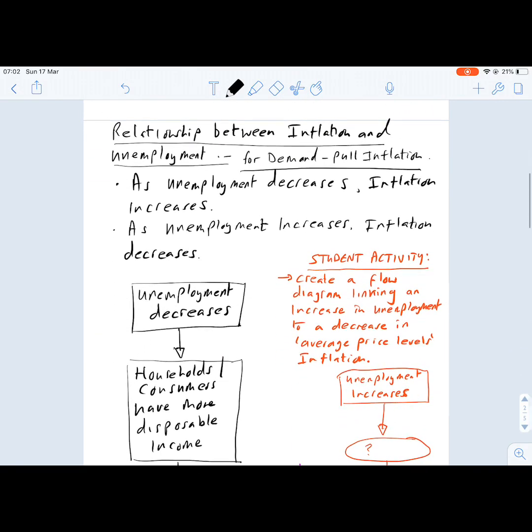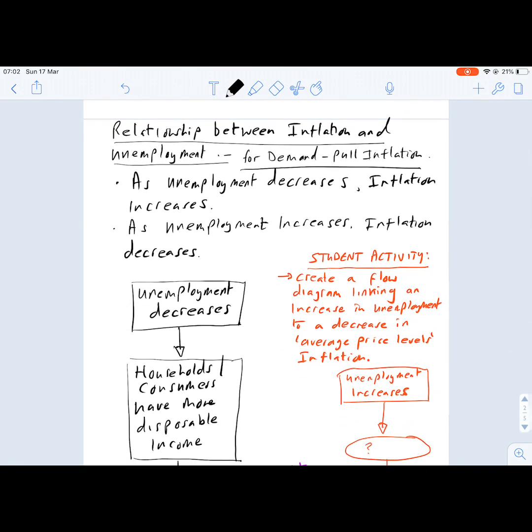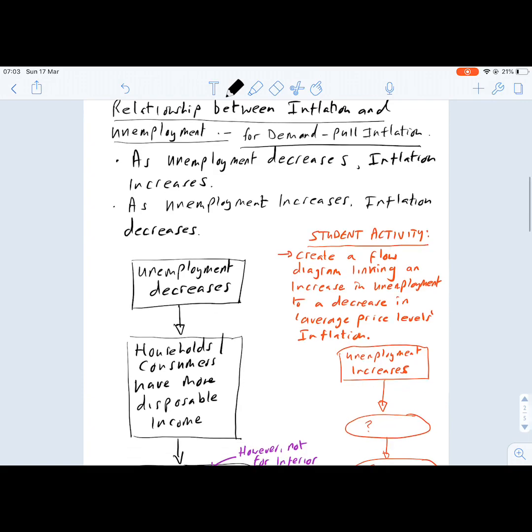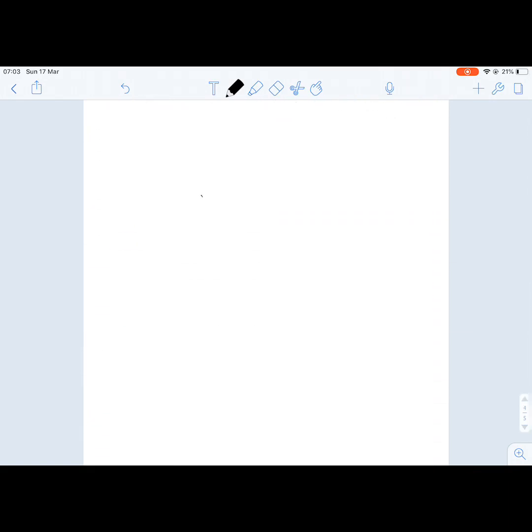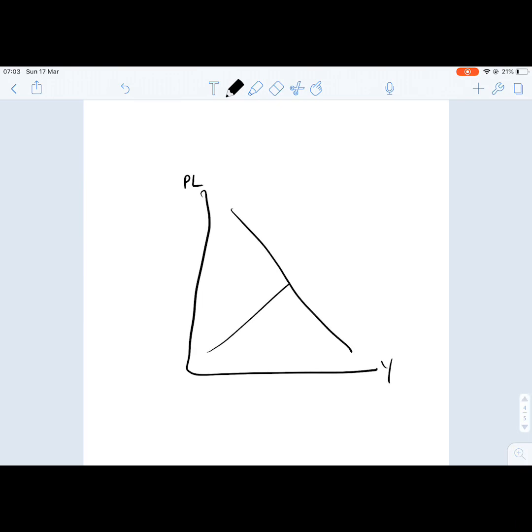Okay, let's have a look at the relationship between inflation and unemployment. Now this is for demand pull inflation. So if we just have a look at an ADAS diagram which shows demand pull inflation, so AD, short run aggregate supply, P1Y1.